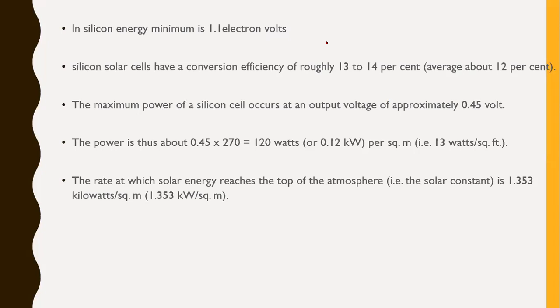A specific amount of energy is required to produce a free electron and a hole in the semiconductor material. In silicon, for example, the minimum energy needed is 1.1 electron volts.